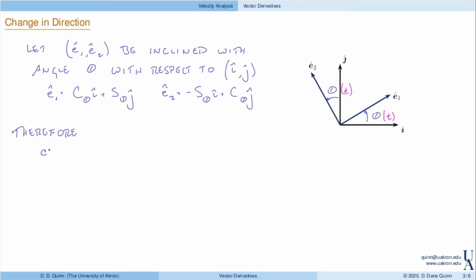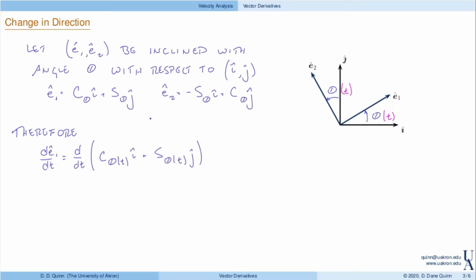So the derivative of E1 with respect to time, well, that's going to be the derivative of cosine of theta, and remember theta is a function of t, in the I direction, plus sine of theta, and theta again is a function of t, in the j direction.